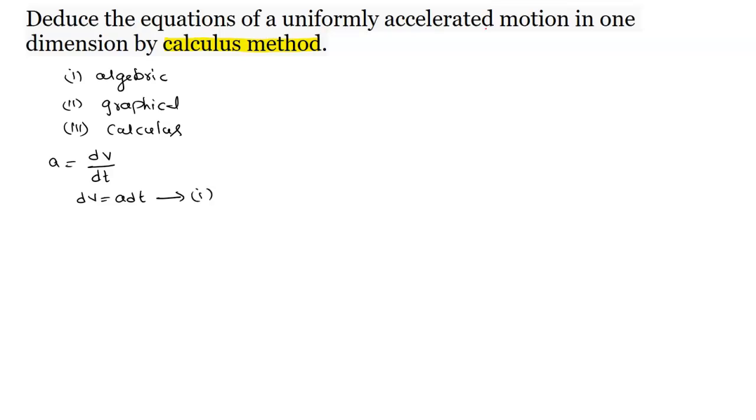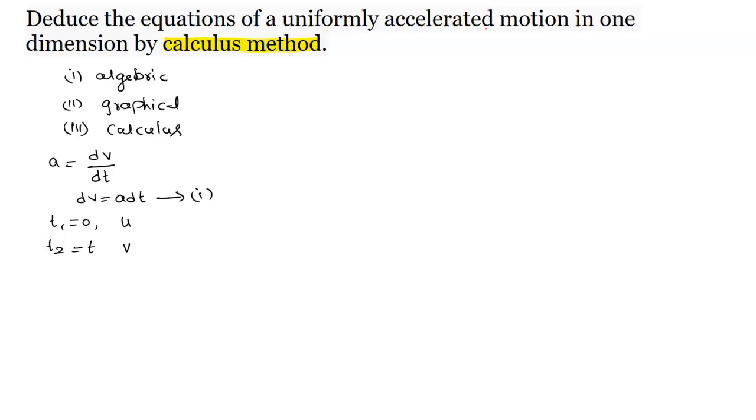If the body is starting at t is equal to 0 seconds, then the velocity is u, the initial velocity. After some time, that is t2 is equal to t seconds, the body is moving with the final velocity v.